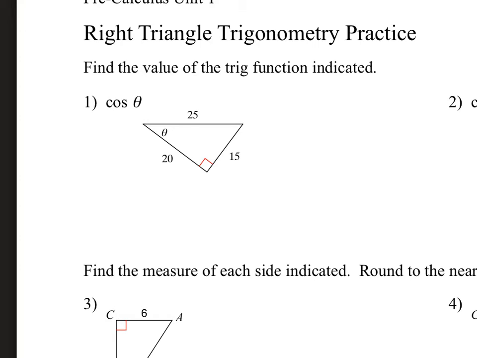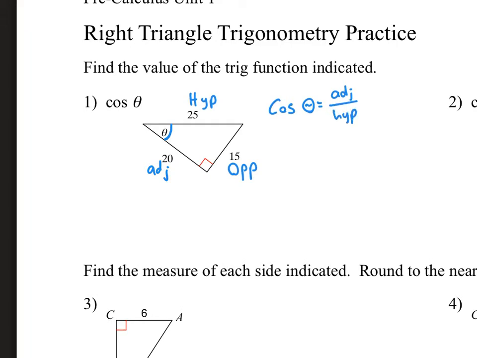All right, we're looking for cosine of this angle, so always mark your angle first, and then label your diagram. So this is the opposite, this is the adjacent, and this is the hypotenuse. And just remember that cosine is adjacent over hypotenuse.